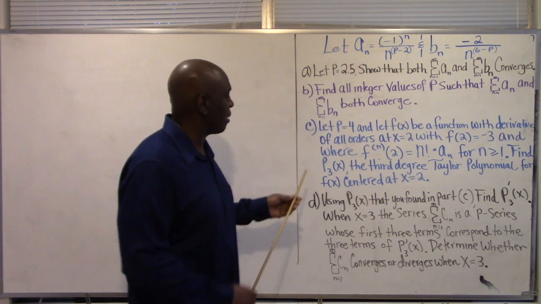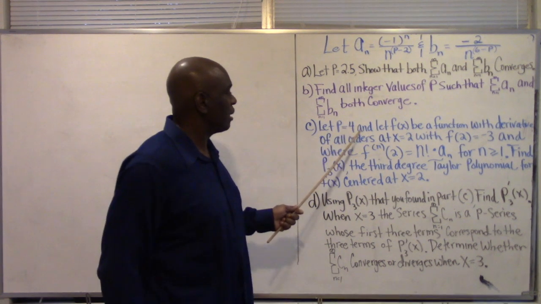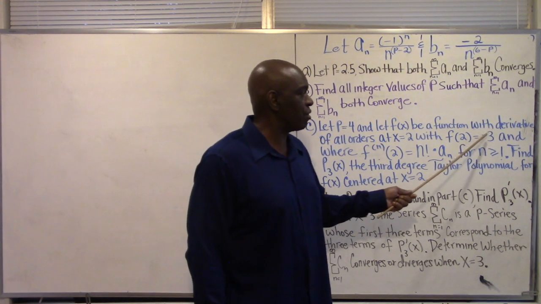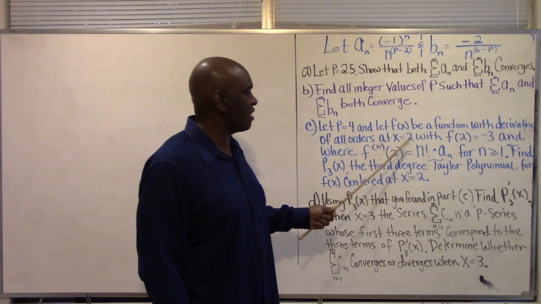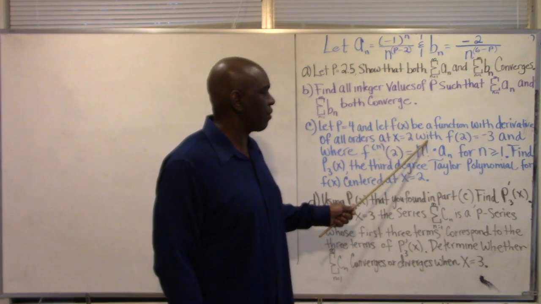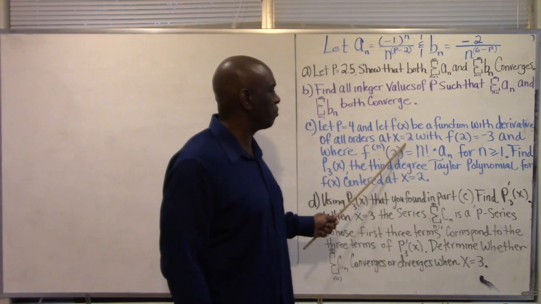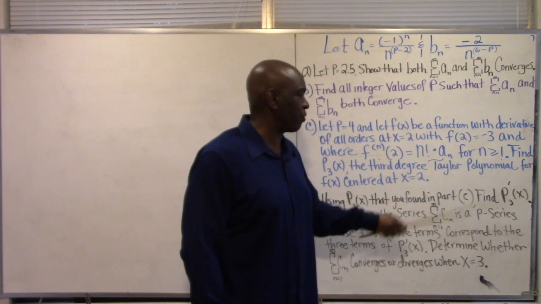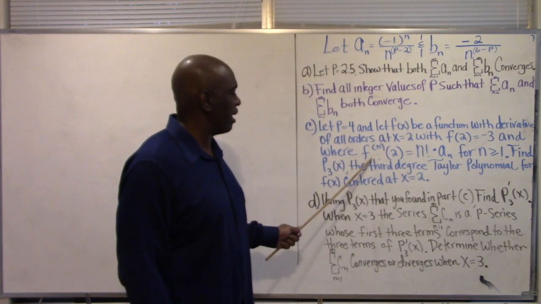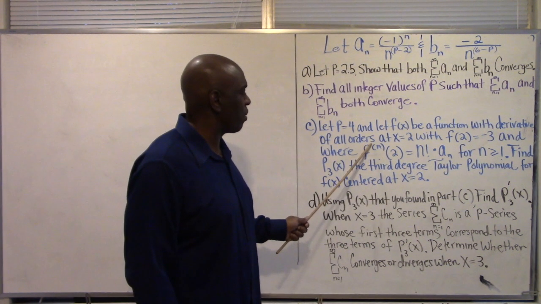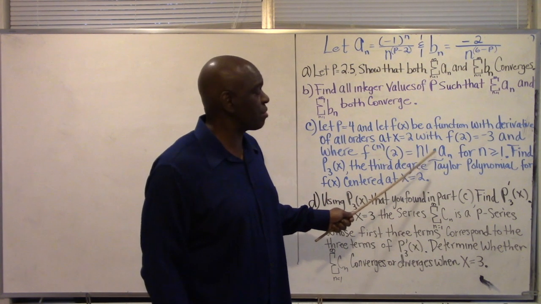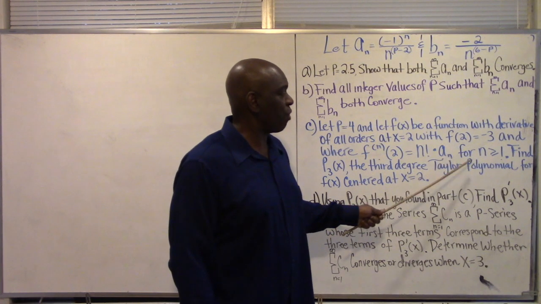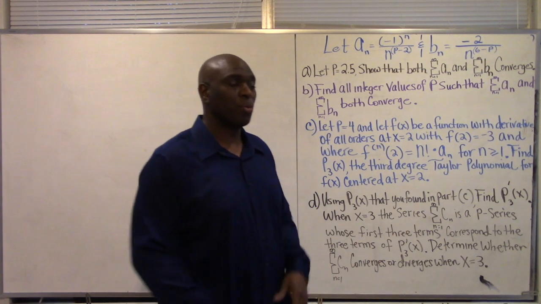And then you want to come back and let p equal 4 and let f of x be a function with derivatives of all orders at x equals 2, with f of 2 equaling -3, and where the nth derivative of f at 2 equals n factorial times the sequence a_n for all n greater than or equal to 1. Well, that's a lot.